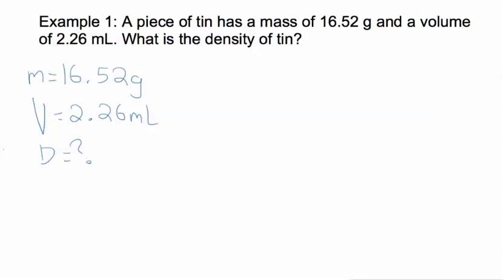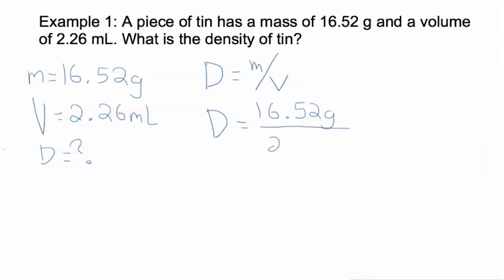We know the equation that relates these three variables is D, density, equals M over V. And since this equation is already rearranged to solve for density, we can just go right ahead and plug in our values. So D equals 16.52 grams, because units matter, divided by 2.26 milliliters.